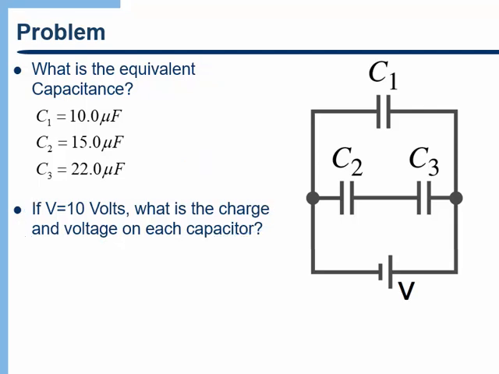Okay, so first of all, when we say that capacitors are in series, it's important to understand that what we mean is that the current has no choice, right? If we go into the first capacitor, there's no other way to go except to go through the second capacitor, okay? So that's what series means.